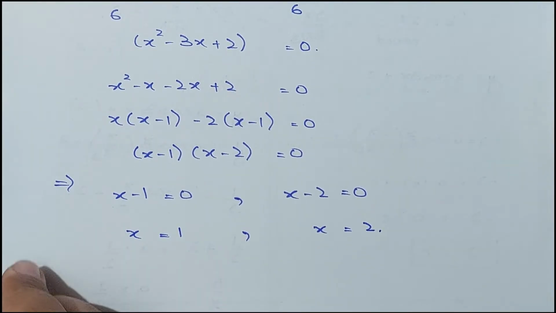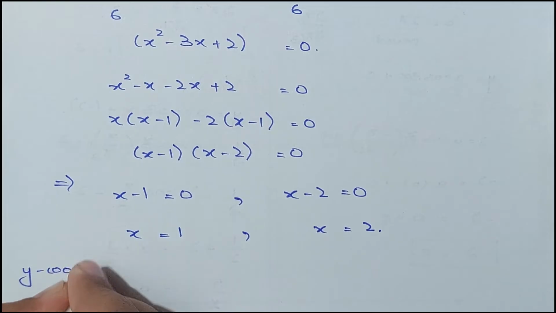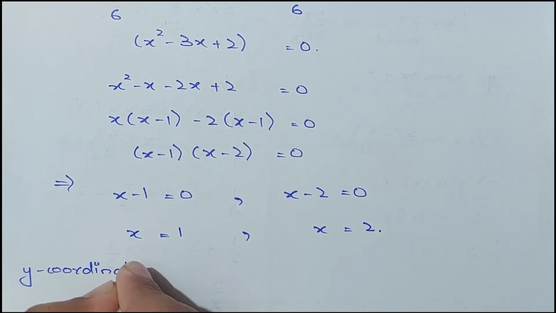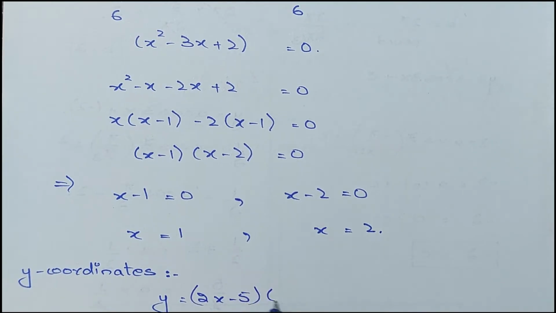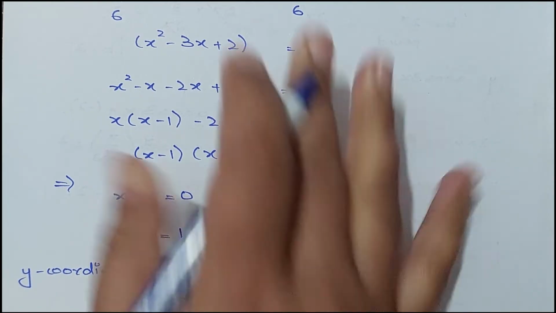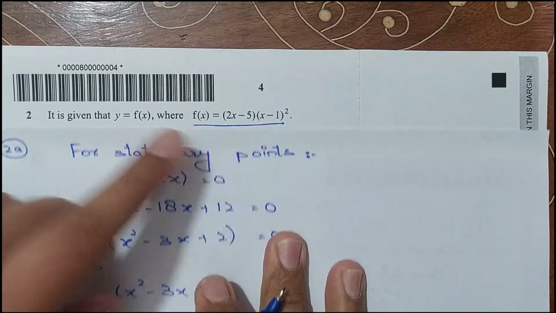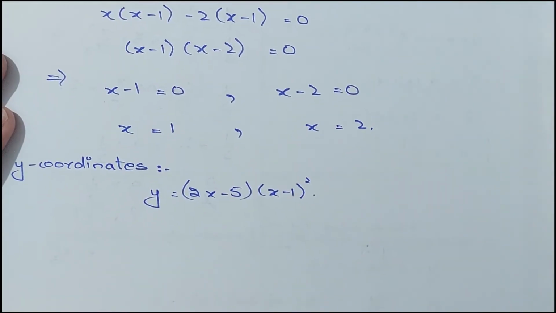So these are the x coordinates of the stationary points. For the y coordinates of the stationary points, we have to plug the x values into the function. We have the function y equals (2x minus 5)(x minus 1) squared, which is given in the question. This is my y. Plug the points in one by one.